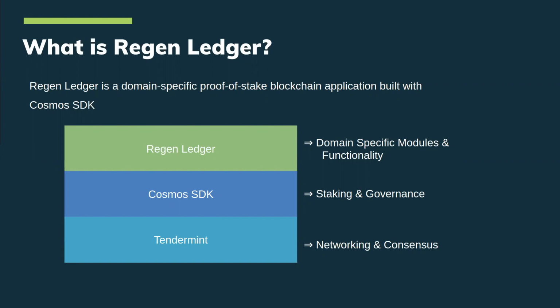And then underneath that, you have this layer where we're using the Tendermint consensus engine for networking and consensus. So the actual peer-to-peer communication, the circulating of blocks between peers on the network, that's all happening not at the Cosmos SDK level, but a layer underneath that using this library called Tendermint.